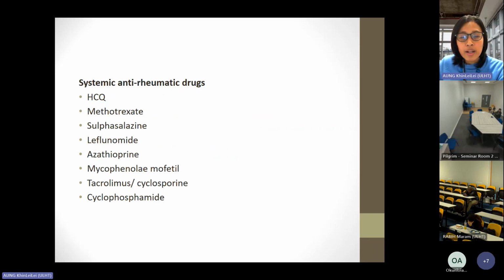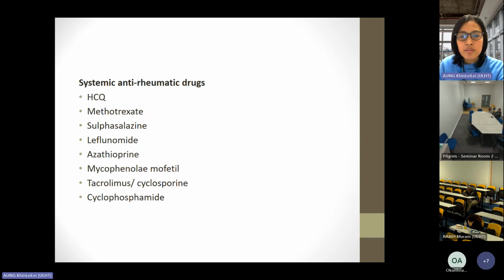So we have oral anti-rheumatic drugs and the biologics. So hydroxychloroquine, methotrexate, sulfasalazine, leflunomide. Usually we use them for patients with mild to moderate disease activity.